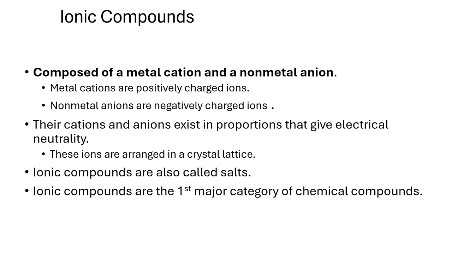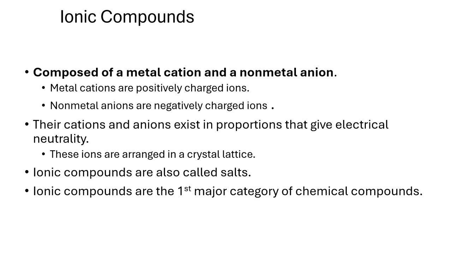If you take a metal and a nonmetal and you react them together, the metal gives up its electrons to the nonmetal and it forms an ionic compound. And the cations and the anions exist such that overall the net charge is zero. So if I have sodium, which has a +1 charge, and chlorine, which has a -1 charge, I just need one of each.